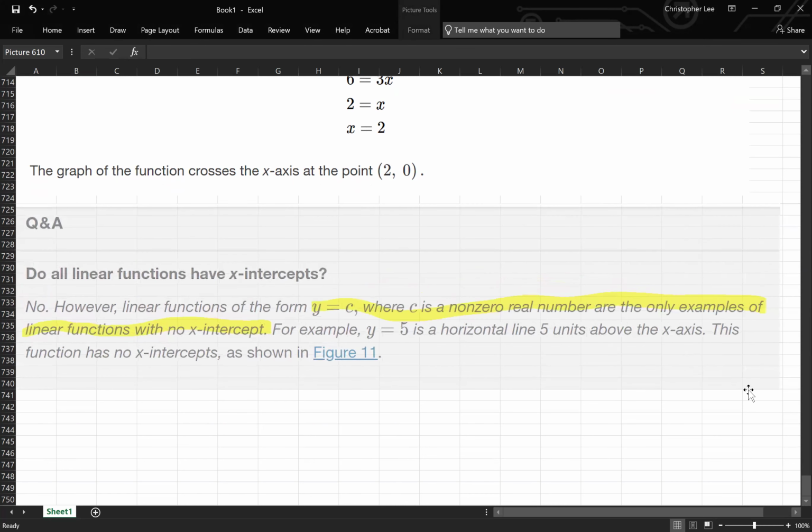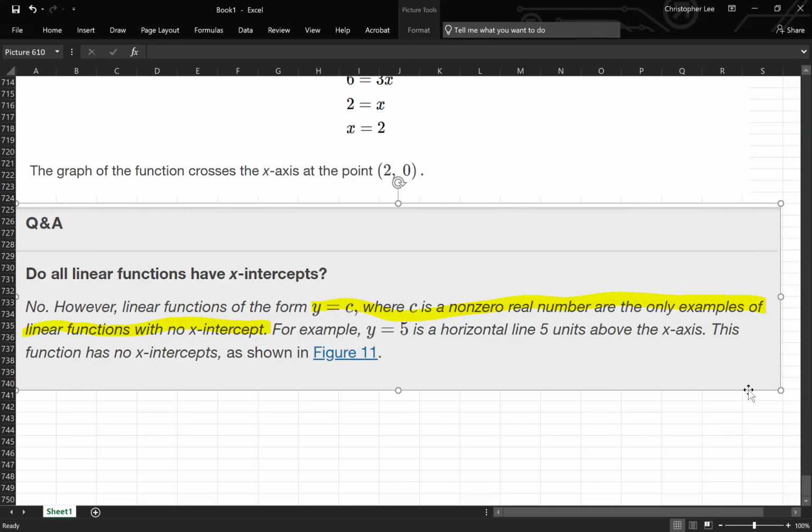So do all linear functions have x-intercepts? No. However, linear functions of the form y equals c, where c is a non-zero real number, are the only examples of linear functions with no x-intercept. For example, y equals 5 is a horizontal line, 5 units above the x-axis.